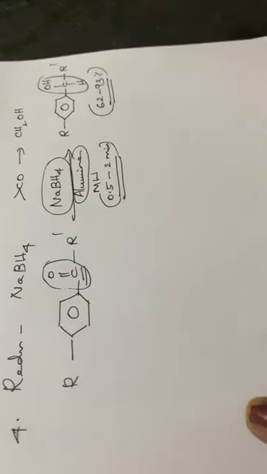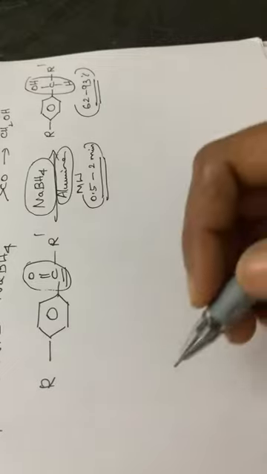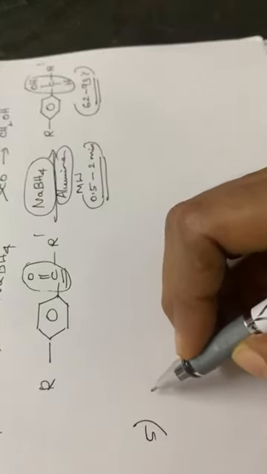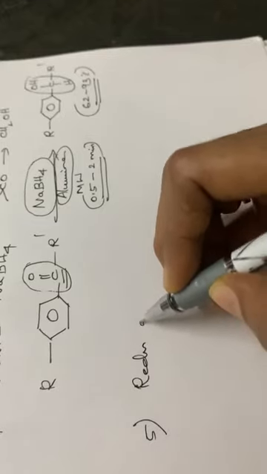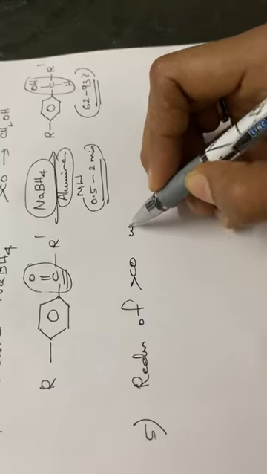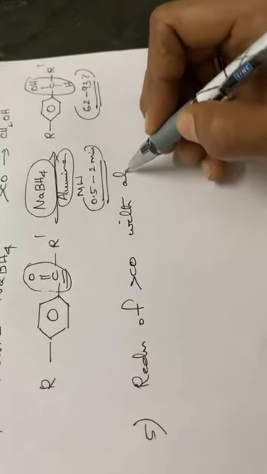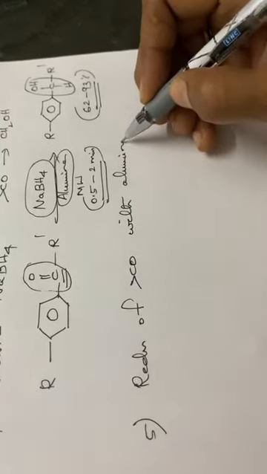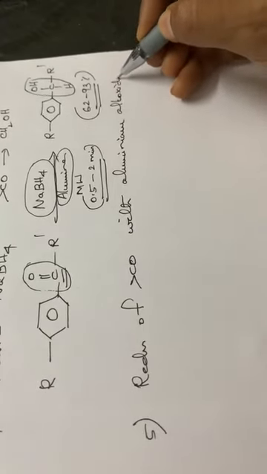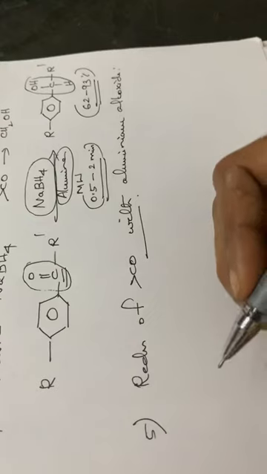Then the next is the last reaction, that is the reduction of carbonyl compounds, that is the CO group, with aluminium alkoxide.